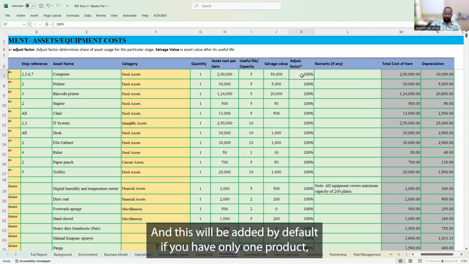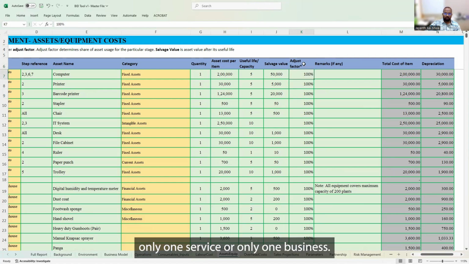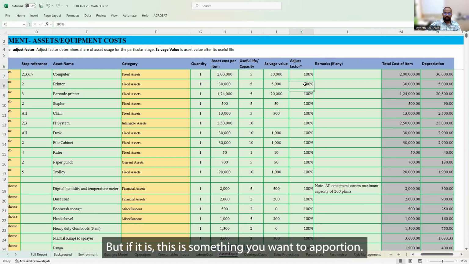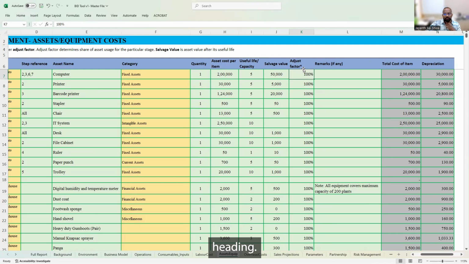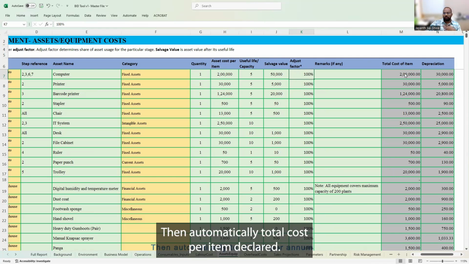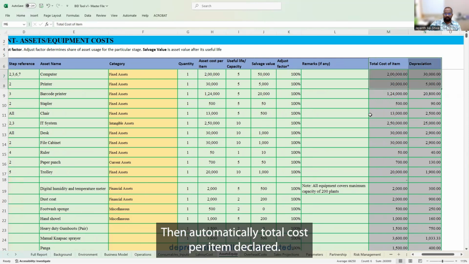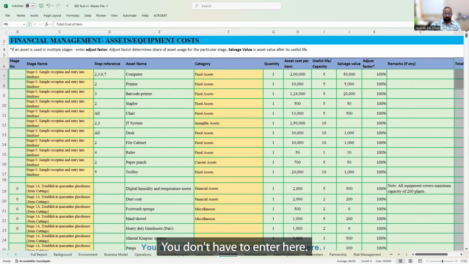This will be 100 by default if you have only one product or only one service or only one business vertical. But if it is something you want to apportion, please mention the appropriate adjust factor. Adjust factor is the proportion to which an asset has to be categorized under a specific heading. Then automatically total cost per item and depreciation will be calculated. You don't have to enter anything over here.